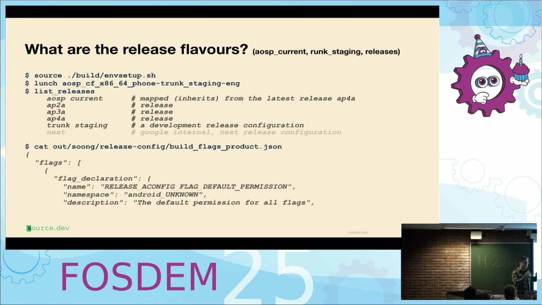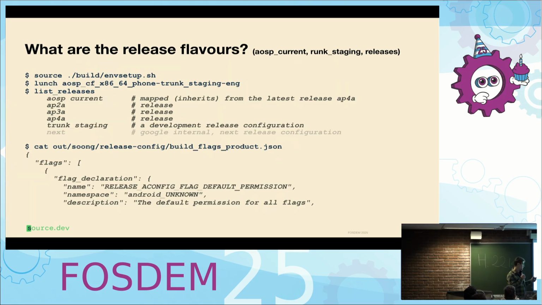AP3A and AP2A are releases that came before it. Then you have trunk staging, which is basically a development configuration. You could take a look at trunk staging as like an indication of what might come up in the next release. And then something that's not public is this next release that Google has internally, which describes sort of like the dog food population.